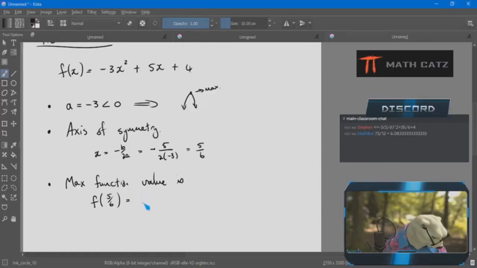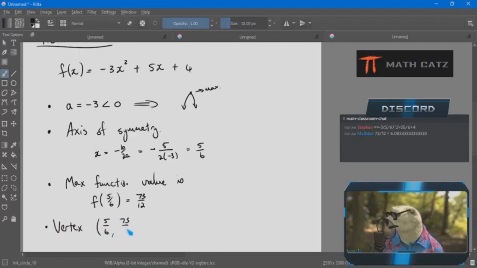MathBot says, oh, it gives me a fraction as well. That is very nice. 73/12. I don't really want to round it. I'll leave it as a fraction. So that means my vertex is 5/6, 73/12, the point. Let's do a little graph here.